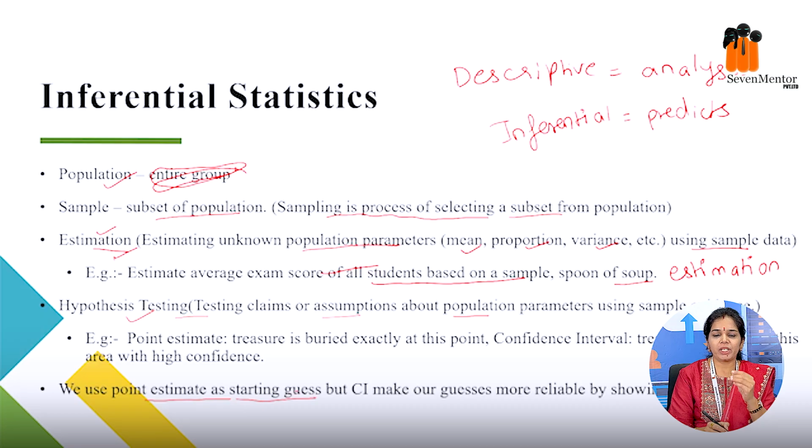Whenever we deal with a data set, we can make a starting guess. Maybe the mean of the population is around this value. Let's consider it is 50. But the confidence interval will give a range of the population mean.